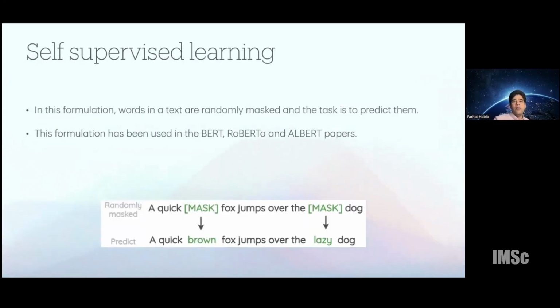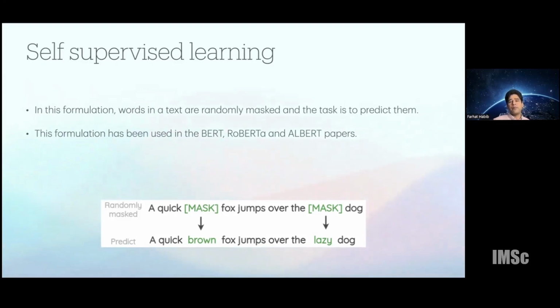The way transformer models or large language models are trained is often something called self-supervised learning. You take a very large corpus of text, for example Wikipedia, journal papers, conversations on a site like Reddit, and so on.